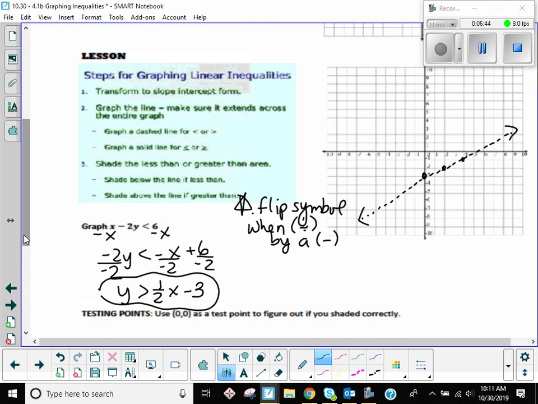When the line gets really steep, it's harder for students to decide where is above and where is below. So I always tell them, just put your finger on the line somewhere, and you're trying to shade all the y's that are above. So if this is y equals 2, which way is y above that? It's up here. So then you shade everything up there.